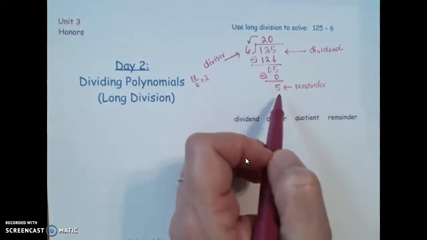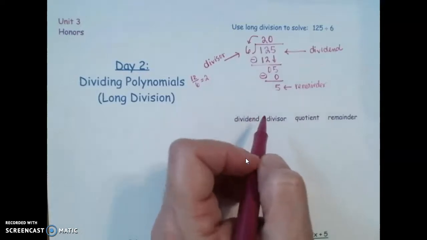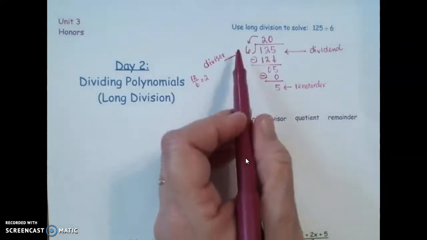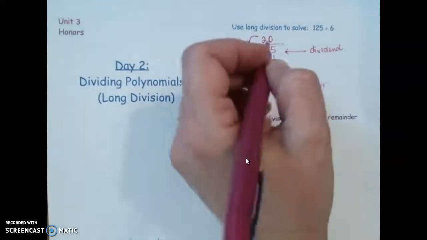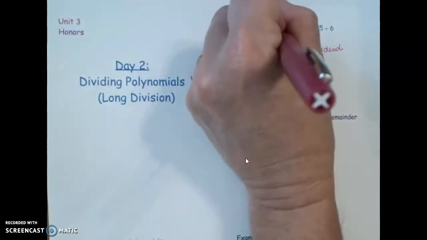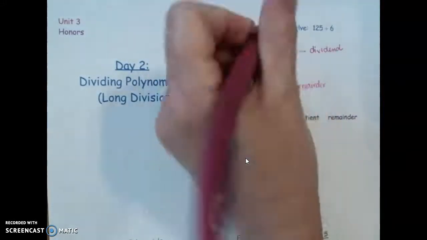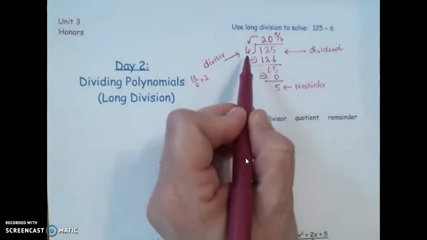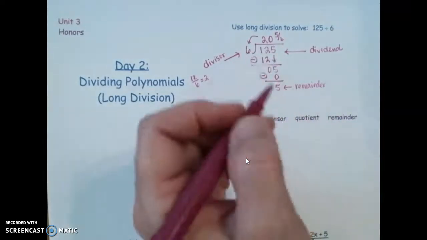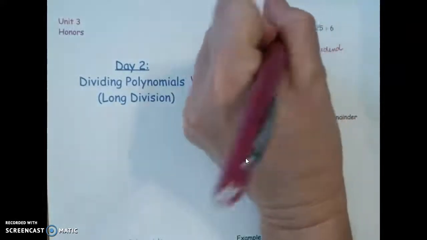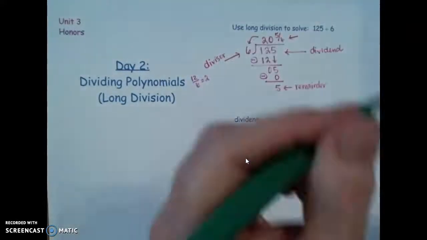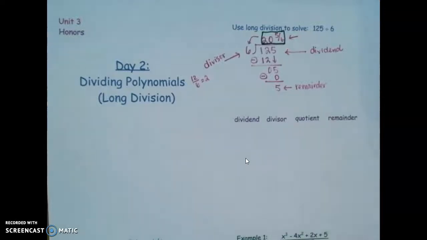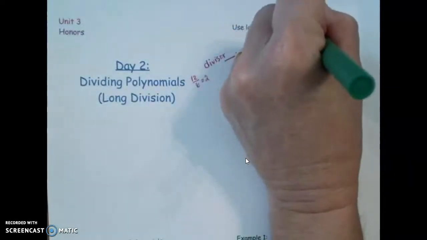I'm going to stop here simply because that's what we're going to do with our polynomials. And you're going to write your remainder over your divisor. So our solution then, or our quotient, would be 20 and 5/6. So we took our remainder, we put that over our divisor. So this, our answer, is called the quotient.